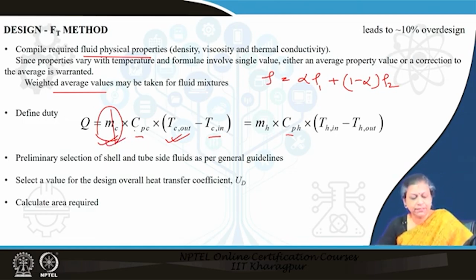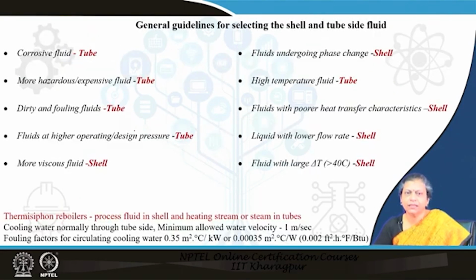Once you have done that, the next thing is that you have to select the shell side and the tube side fluid. Now, these guidelines were also discussed while we were discussing the double pipe exchanger. I have just put up these guidelines here once more simply for your reference. In this respect, there is one thing which I would like to tell you. When I was mentioning the double pipe exchanger, in fact, this particular portion was common to both shell and tube and double pipe exchangers.